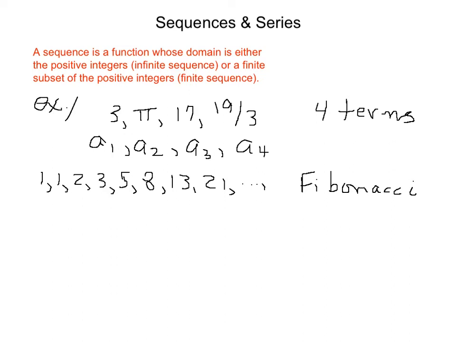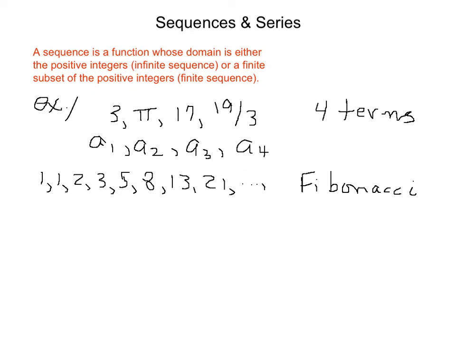Did you get it? The first 2 terms are 1, and then every term after that is the sum of the 2 terms before it. So for example, 5 is equal to 2 and 3, and 13 is equal to 5 and 8. It's a very cool sequence, and this is infinite because we consider the terms never ending.